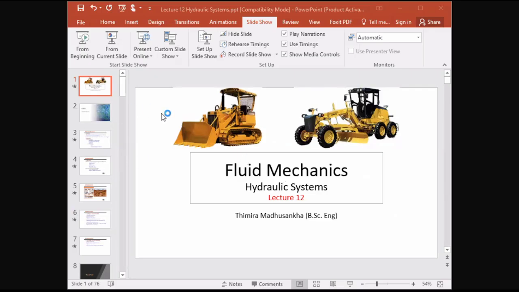In this part, we will discuss the applications and also how to design this fluid mechanics system using Fluid Sim software. I will explain how to draw our fluid mechanics systems and how to design these things. We will discuss under this topic.